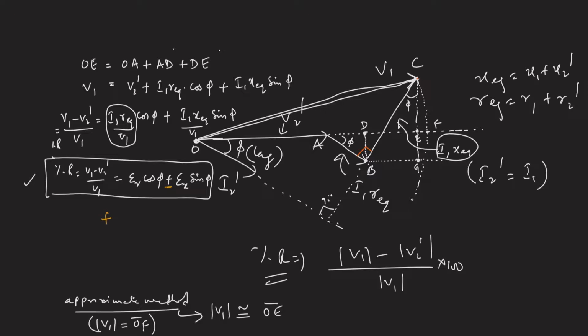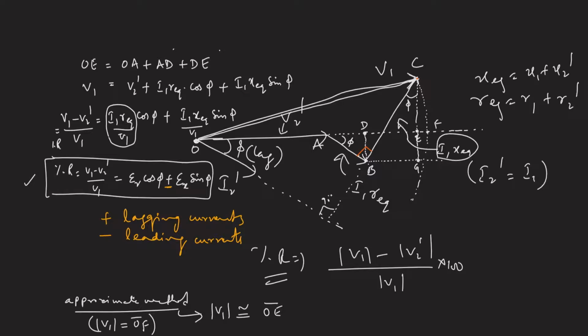So plus sign is for lagging currents and minus sign is for leading currents. Okay, right? So this is the formula for percentage regulation: ER cos phi plus or minus EX sin phi.